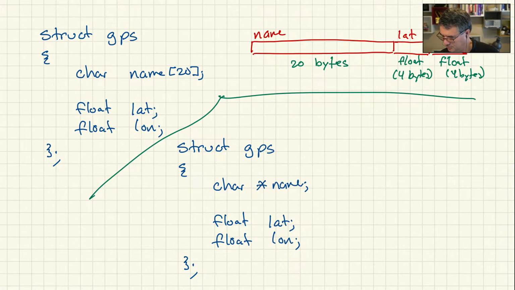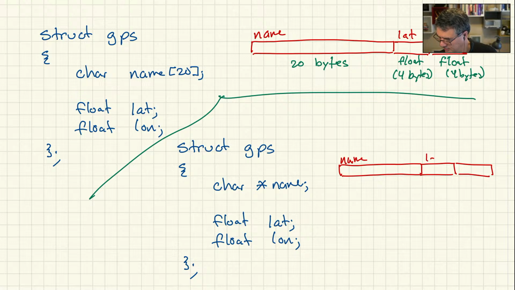This one will be set up with the name, latitude and longitude, just like we had before, except that name here now is going to be a character pointer. It's not going to be the actual name. It's just going to be the memory address of where the name is stored. And this is a float, and this is a float.